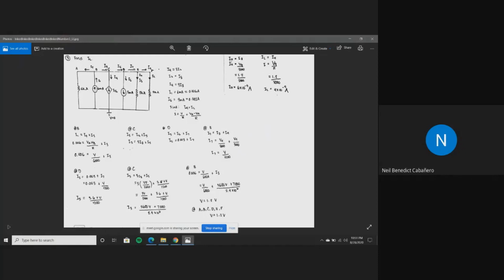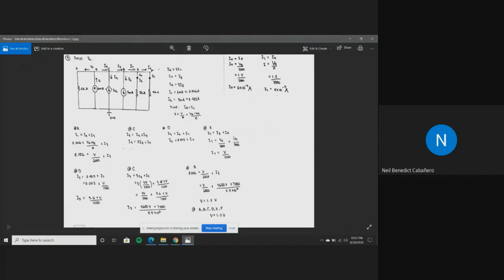So now we have this unknown equation. I8 is equal to VE over 2000. So we just substitute this value of I8 into this equation. So we now have I7 is equal to VE over 2000 plus V9 over 3000. And overall, I7 is equal to V over 1200.